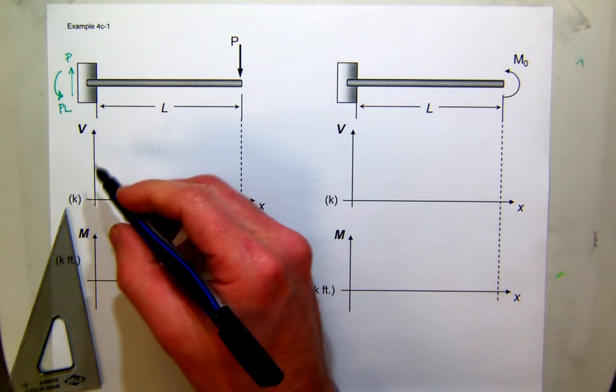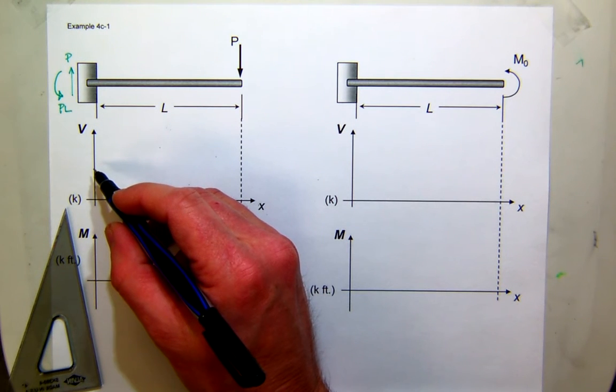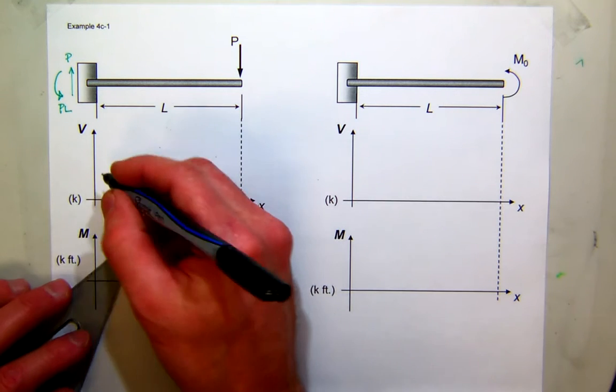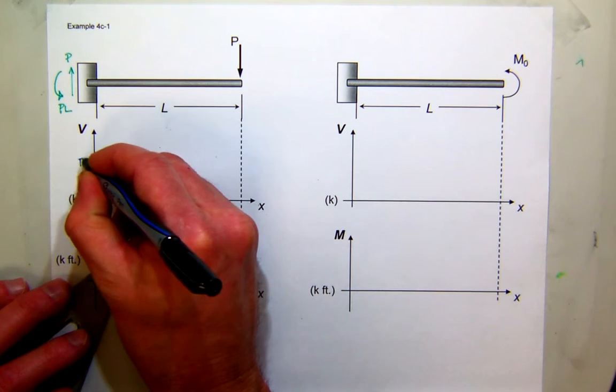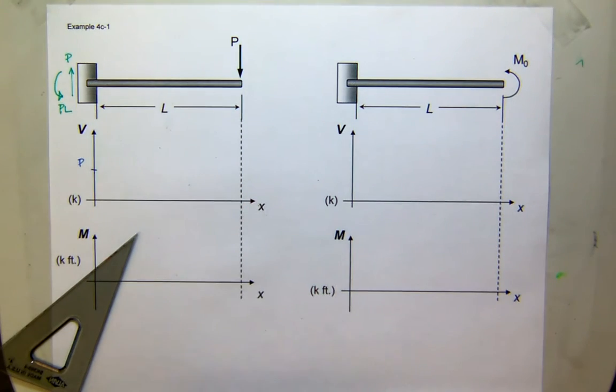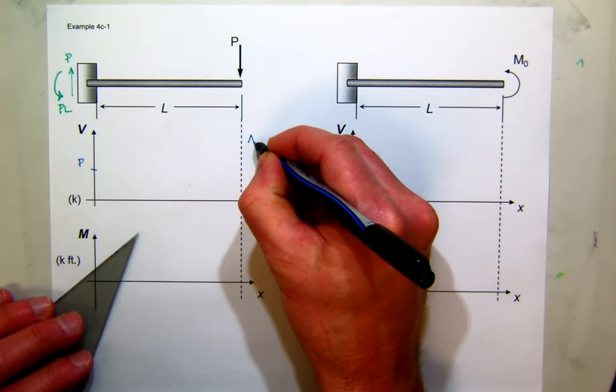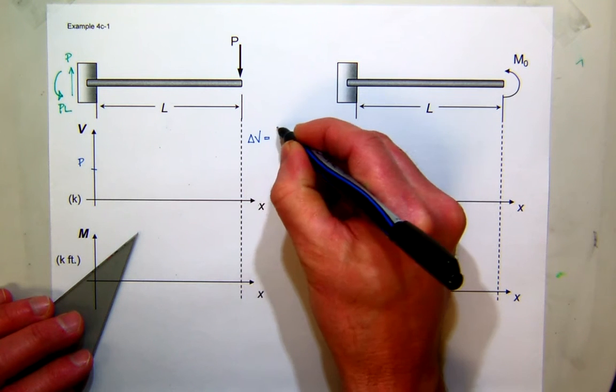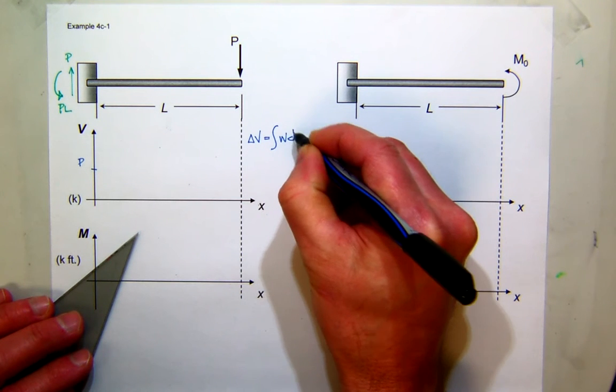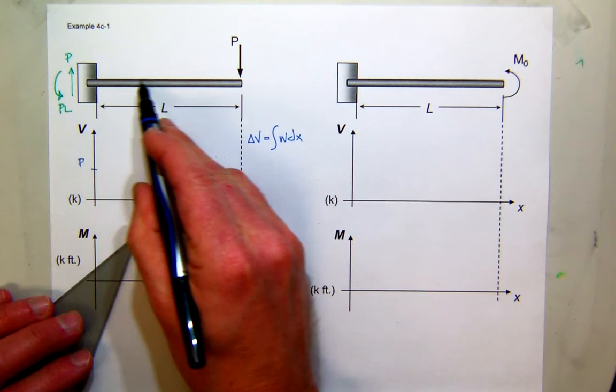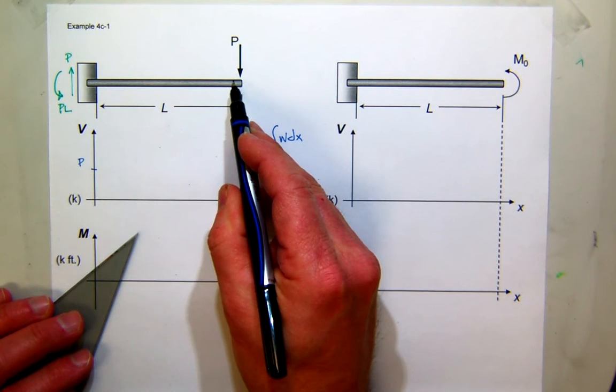So what is the shear starting here on the left side? It's positive P, right? So far, so good? And the change in shear is equal to the area under the load. What's the area of our load curve? 0.